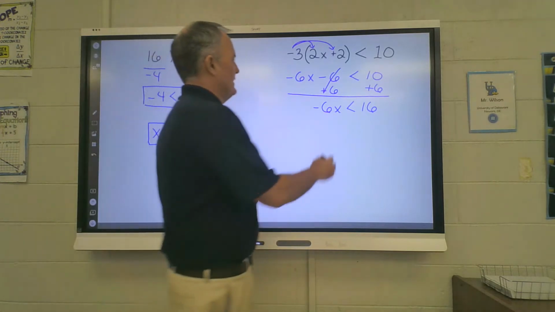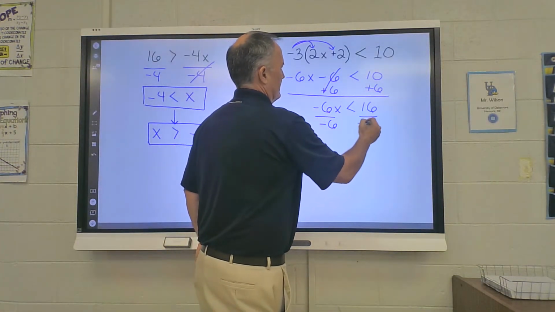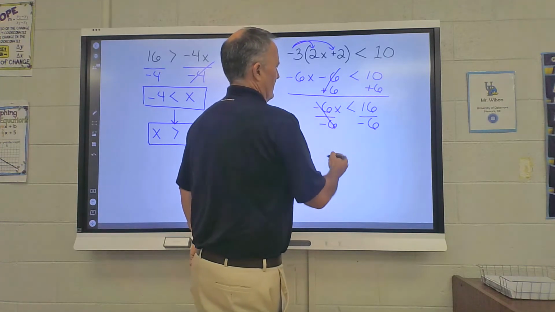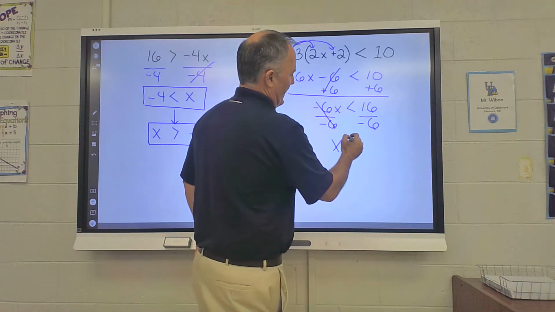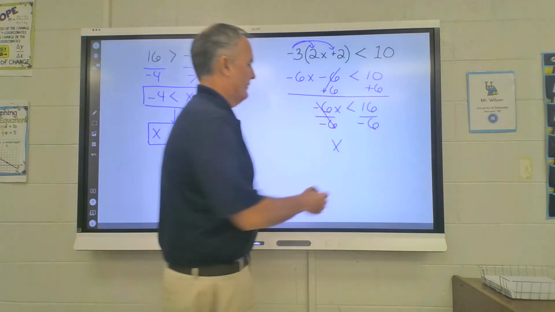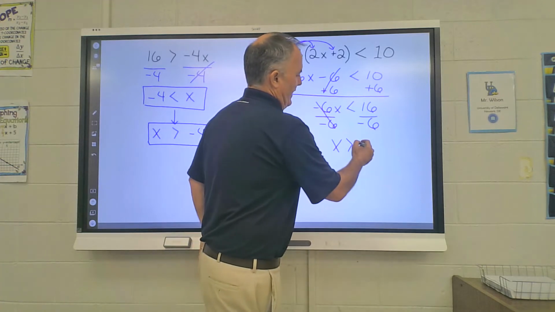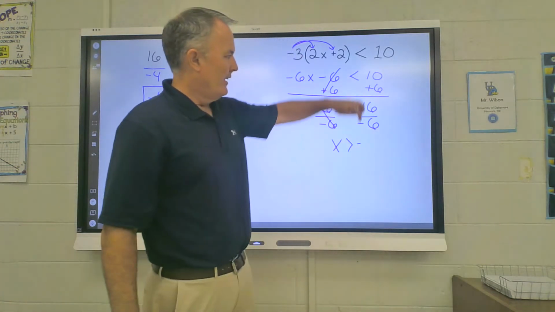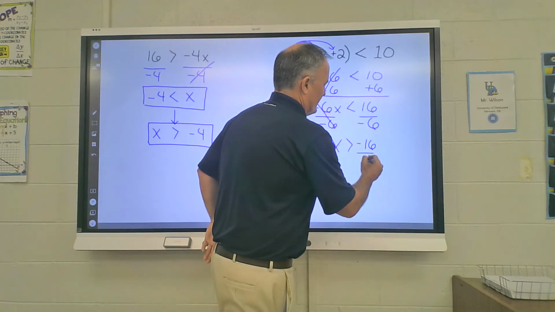I'm going to divide both sides by -6. So I get x on the left. I remember, since we divided by a negative, I got to flip the sign around. It's going to be greater than, and we're going to reduce this down. Let's write it out as it is right now. It's -16 over 6.